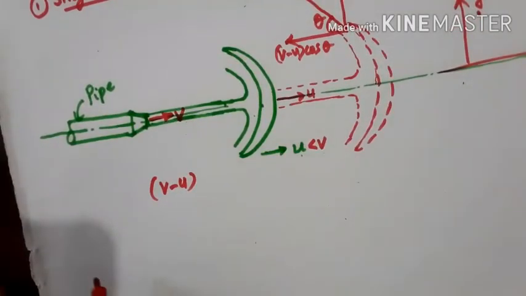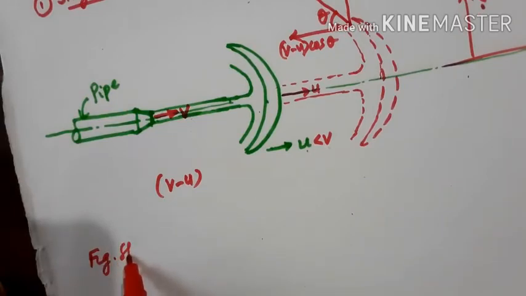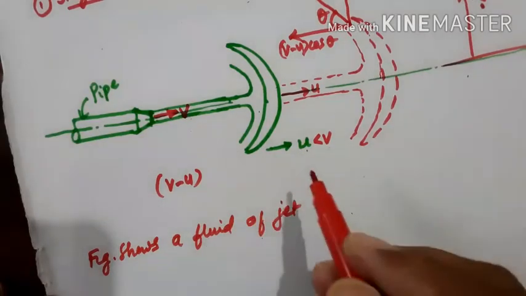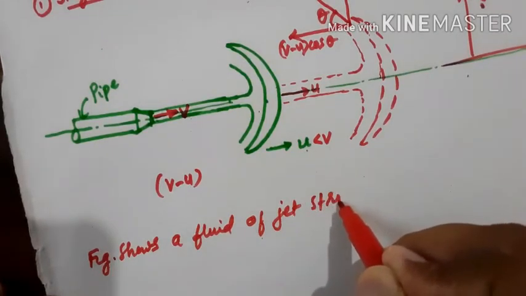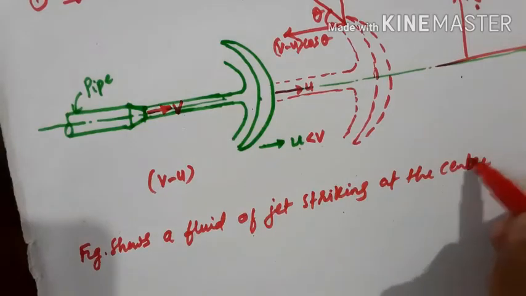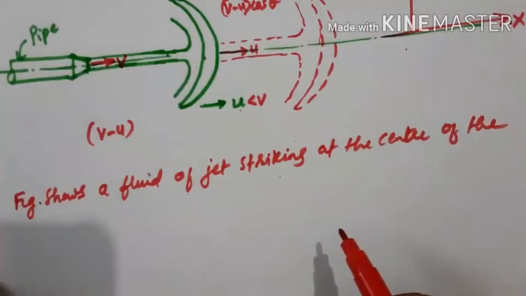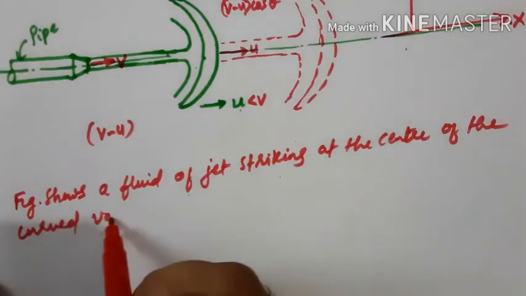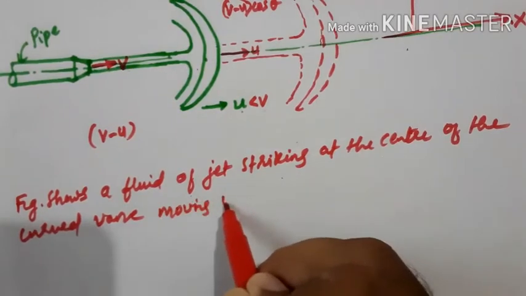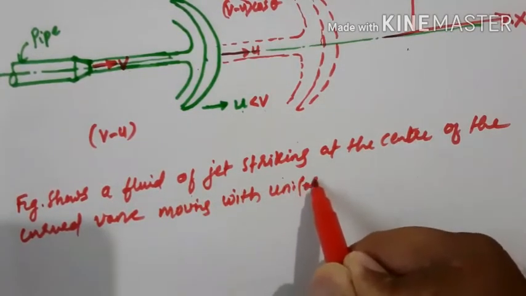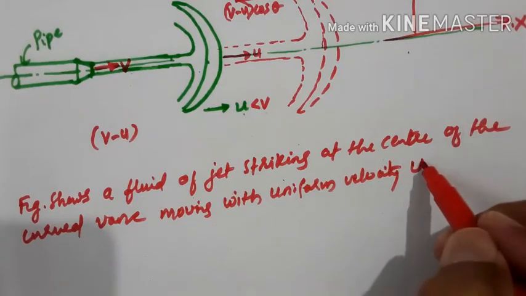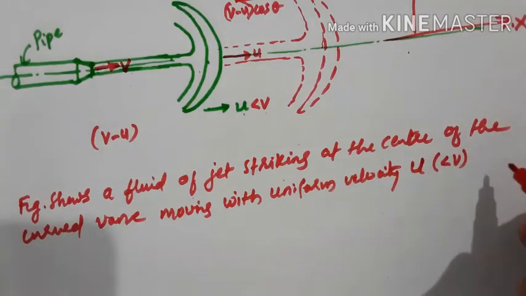So here the figure shows a jet of fluid striking at the center of a curved vane, moving with a uniform velocity u, that will be less than v, in the direction of the jet.